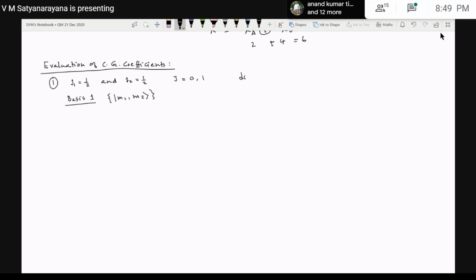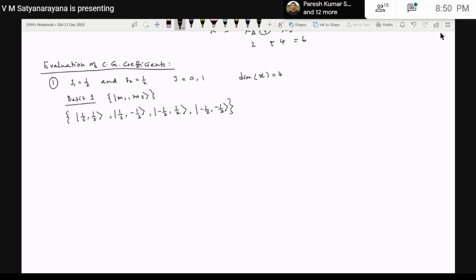Remember, the dimension of composite H is 4. So I have to have 4 basis elements. Now, what are those basis elements? I'm going to write those basis elements here. They are half, half; half, minus half; minus half, half; and minus half, minus half.